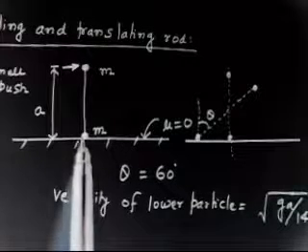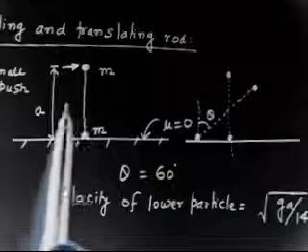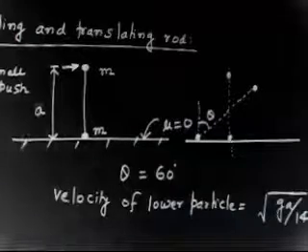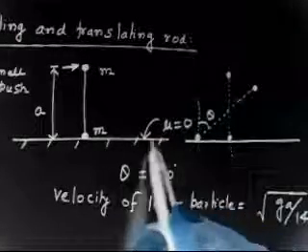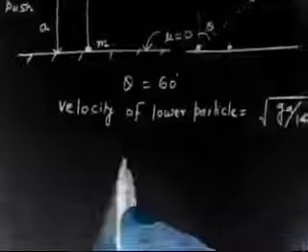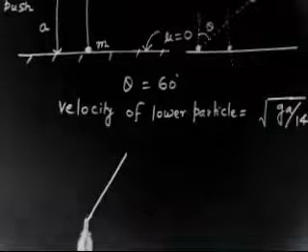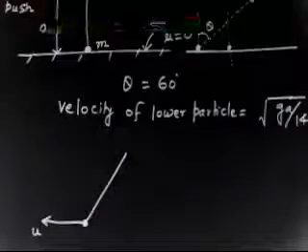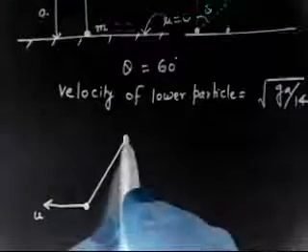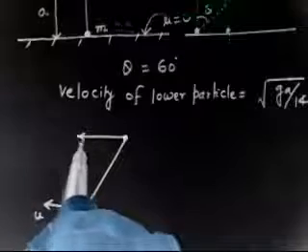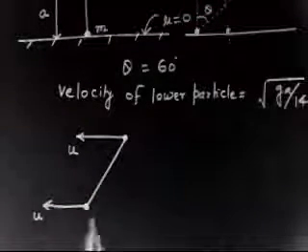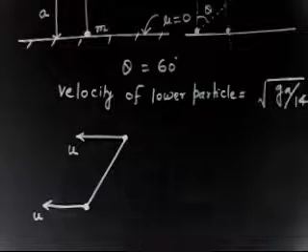Now see this mass, I can assume the center of mass is going this side with a speed u. This means this mass is going this side with a speed u. This mass is also going this side with a speed u, because the center of mass is translating in this direction with a speed u. So this and this both are going with a speed u in this direction.